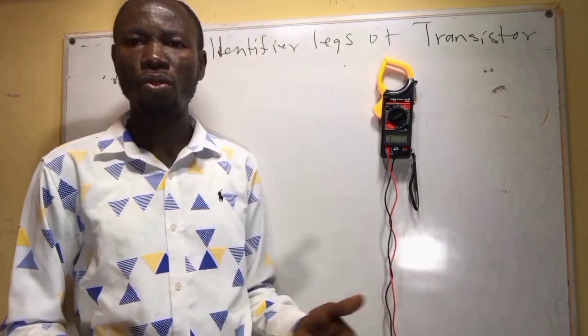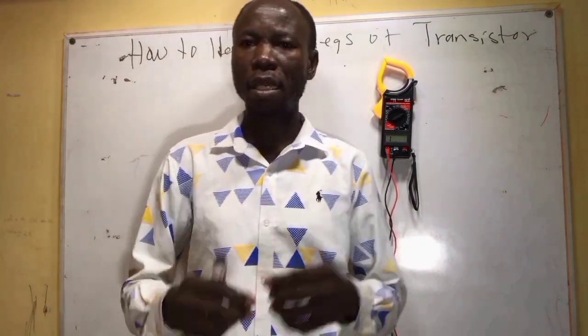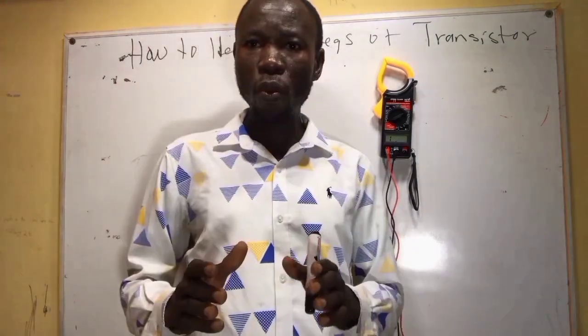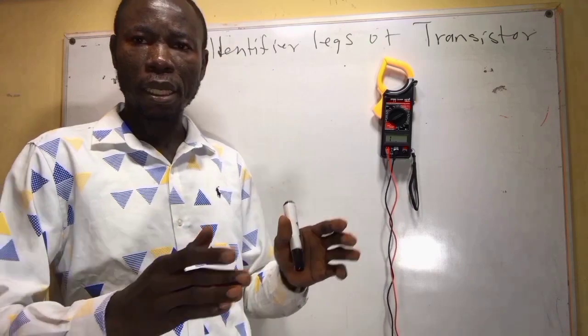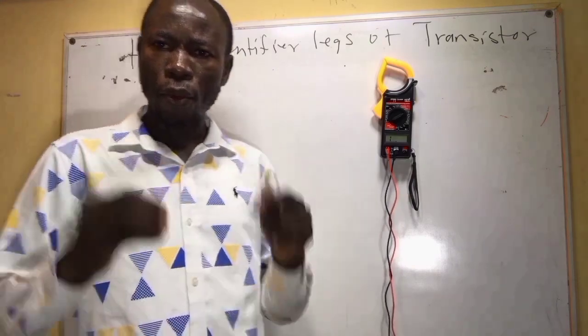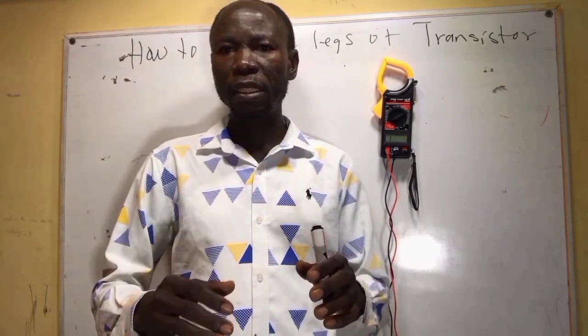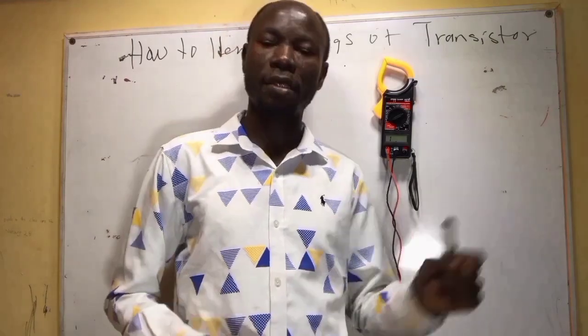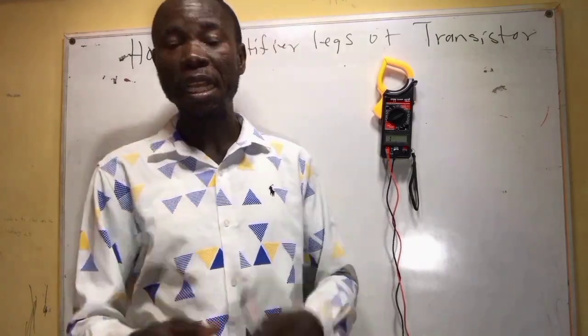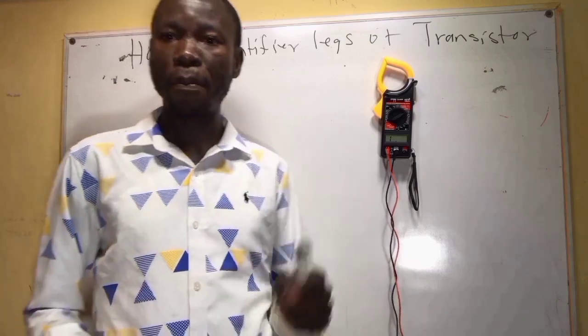Learning how to identify the legs of a transistor. A diode is a semiconductor, which explains the duty of a transistor, either the PNP or the NPN.